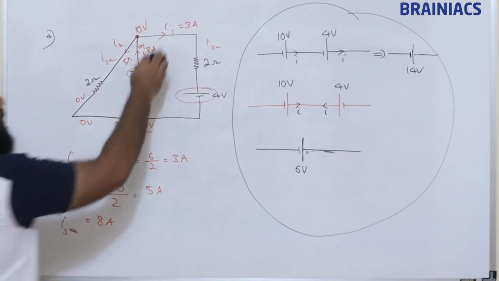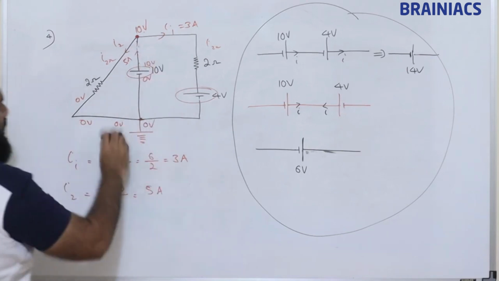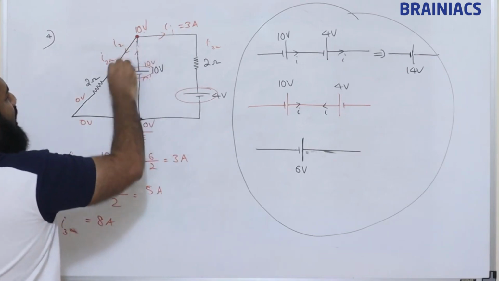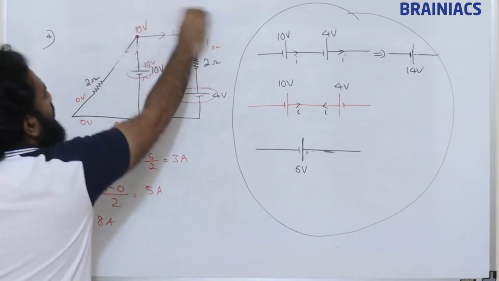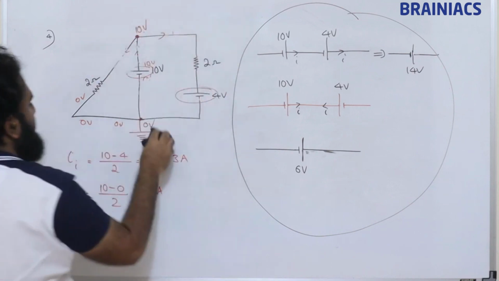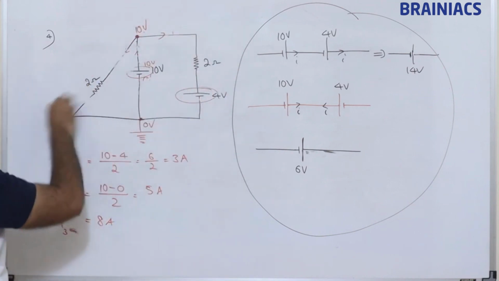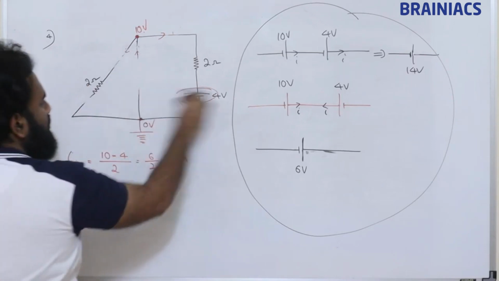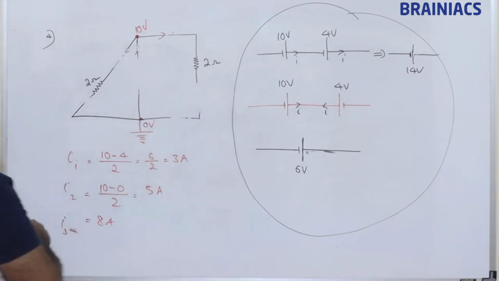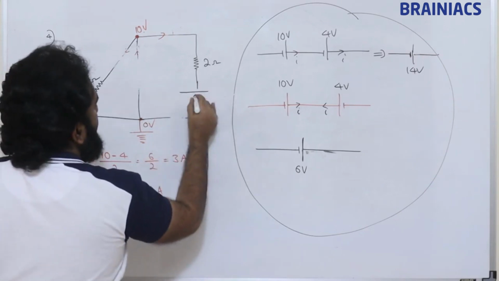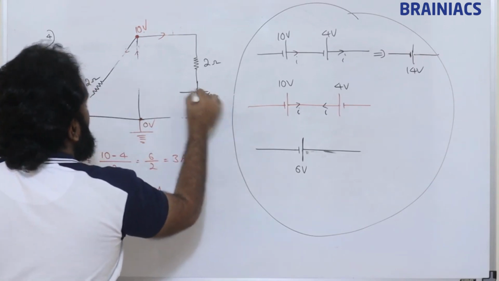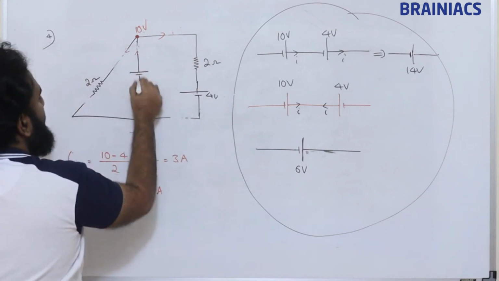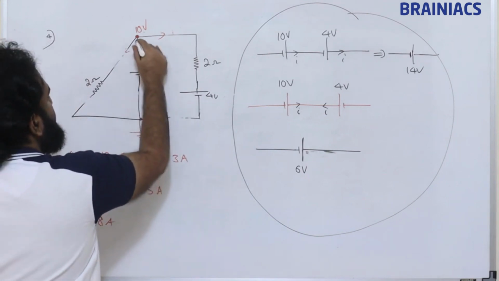Now just see, without all these writings, how to look at the circuit and tell. Just a simple circuit, 4 volt, 10 volt.